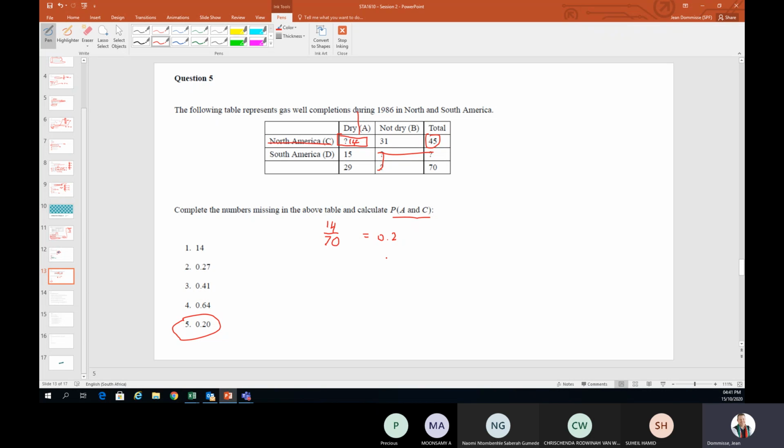So yes, what for me is interesting with these types of questions is that sometimes they do give you a lot of information, and sometimes too much, that it nearly confuses you. If I was in the exam, I probably would have wanted to complete this table first, to fill in all the missing detail.